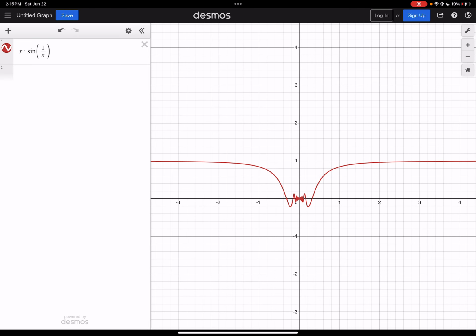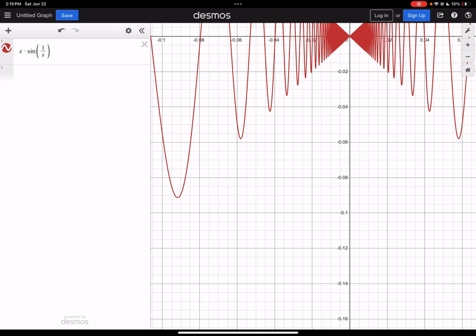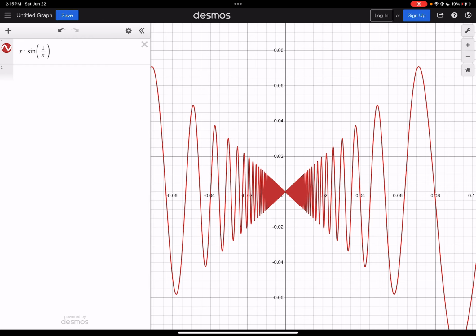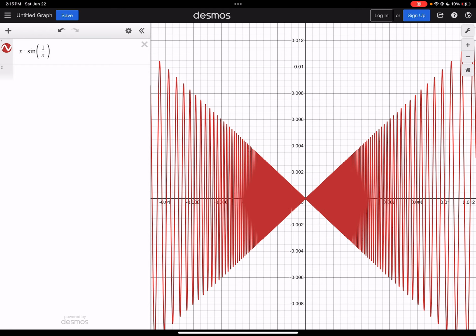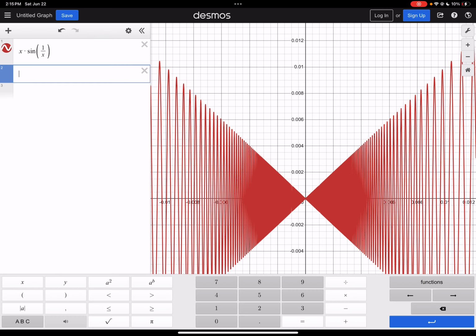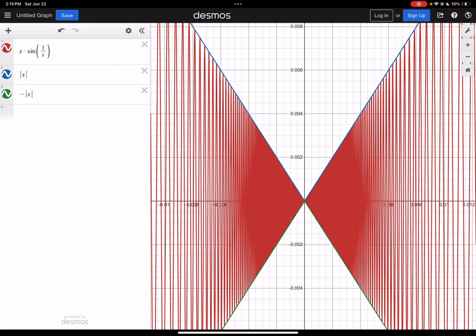Now I want to approach 0 right here. So as I get closer and closer, I get this shaded region right here. But you'll notice something very special about the non-shaded boundary. It kind of looks like the absolute value of x and the negative absolute value of x. So what I'm going to do here is use these two functions and take the limit of that.